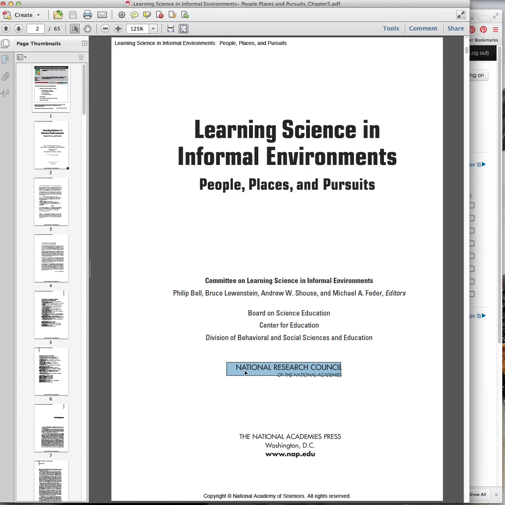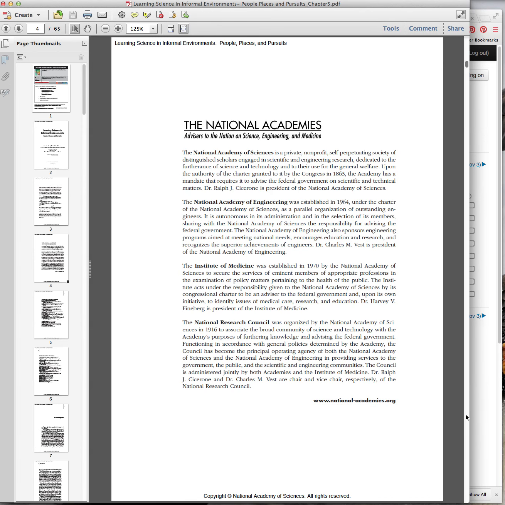This council set up a committee of 14 experts in education, psychology, media, and informal education to examine the potential of non-school settings for science learning. And they list the committee here, so they tell you who was on this. They published this in 2009, so the summary of the literature is from before 2009. I want to make sure that you're keeping all of this in context.